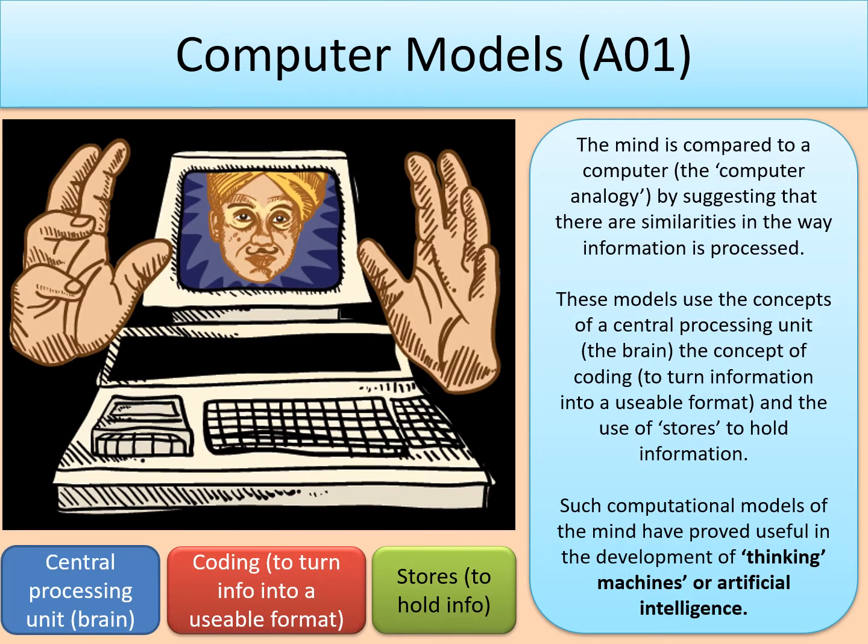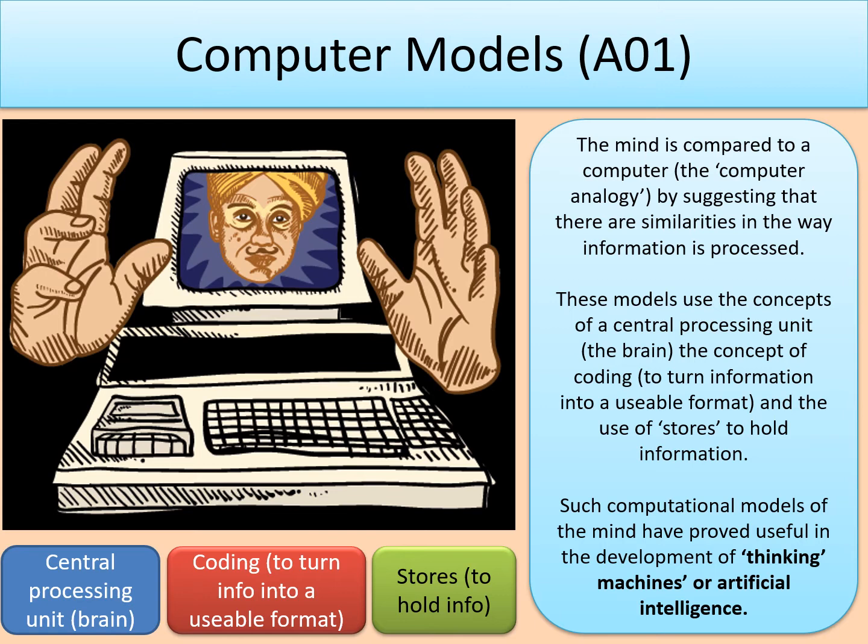Within the cognitive approach, we also have computer models, and this is the idea that the mind is compared to a computer, so we call it the computer analogy, by suggesting that there are similarities in the way information is processed. The models use the concepts of a central processing unit, the brain, the concept of coding to turn information into a useful format, and the use of stores to hold information.